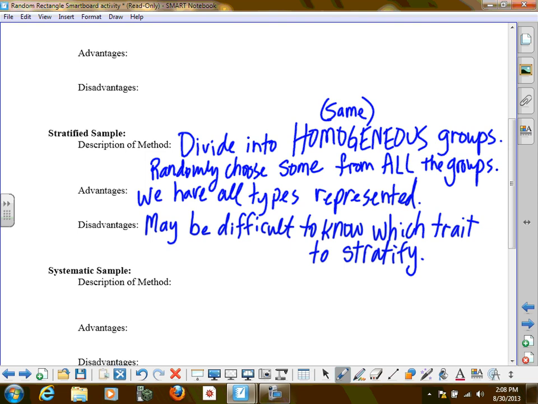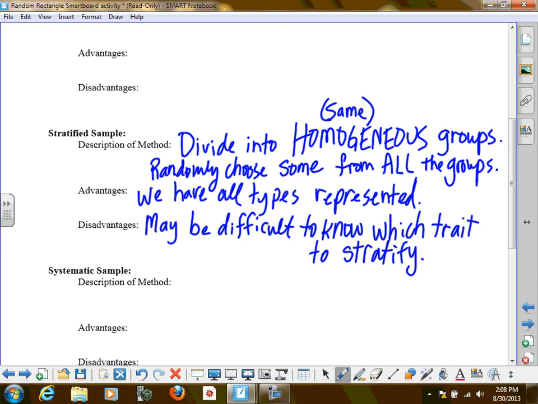Could that potentially make my results unrepresentative of all of Aledo High School? Yes. So then I say to myself, I think gender is going to affect color choice more than anything, so I should probably try to control the gender and make sure I get an equal number of boys and girls. Okay, so you see the problem? It may be difficult to figure out how to group so that you are controlling what you need to control in your groups.